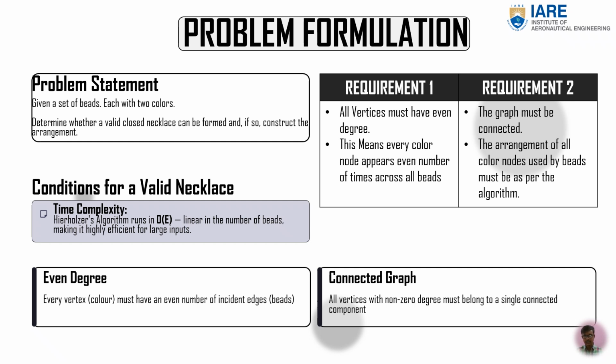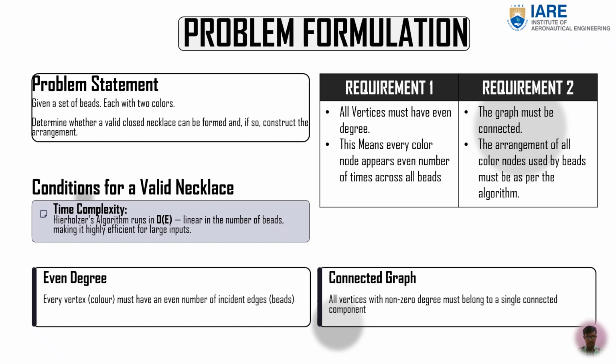The second requirement is that the graph must be connected, as we all know that the necklace is always connected, and the arrangement of all of the color nodes used by beads must follow the algorithm. Here are the conditions for a valid necklace and the time complexity.